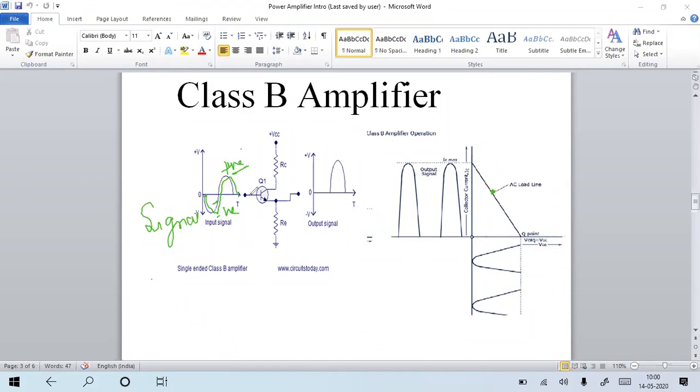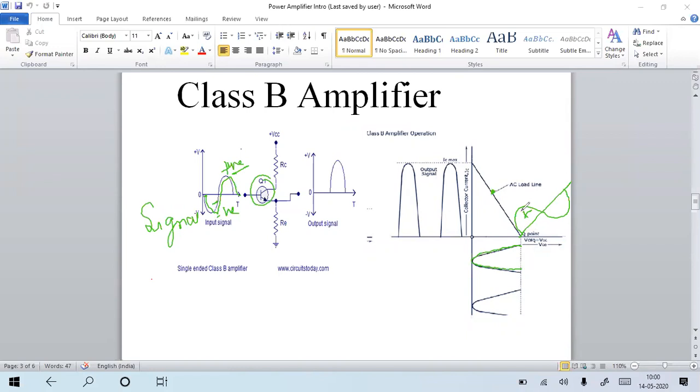When I apply the positive signal, the device enters into the on state. This is your Q point, and at this Q point I am applying the sinusoidal signal. When I apply the positive signal, the device turns on, which means it acts as an amplifier. Only for the positive signal will the transistor turn on, so it will amplify that positive signal, with beta into IB current flowing at the output side.